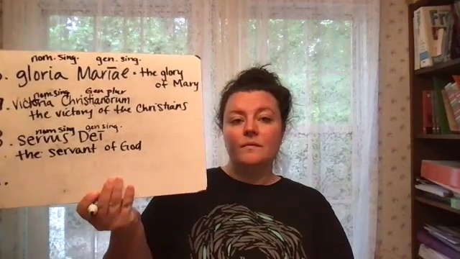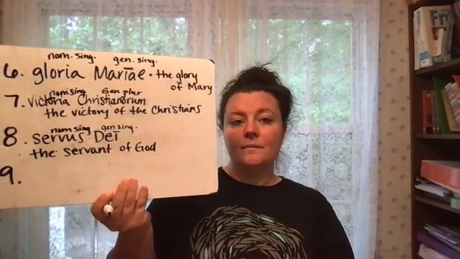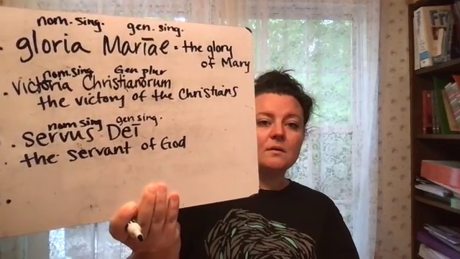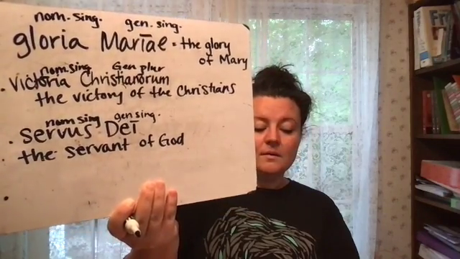And then we translate it, the servant, because it's singular, of God. The servant of God. Pause here if you have to look close at my notes. Try number 9 while I write it out.